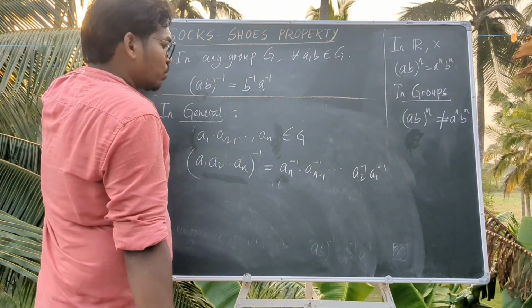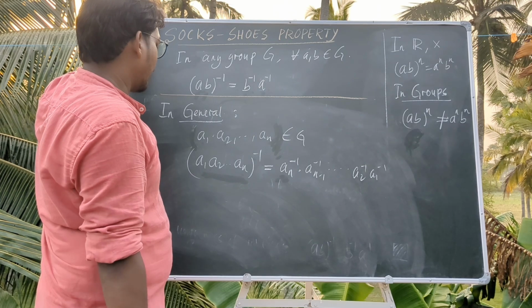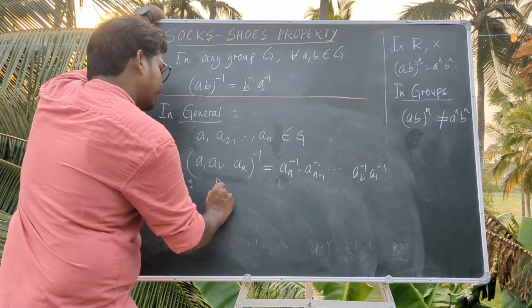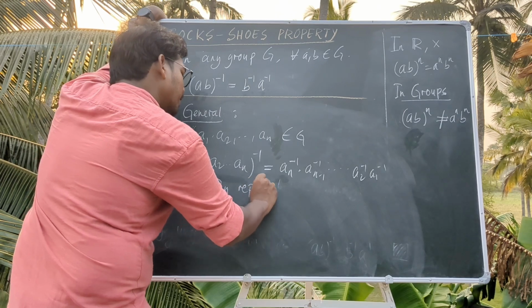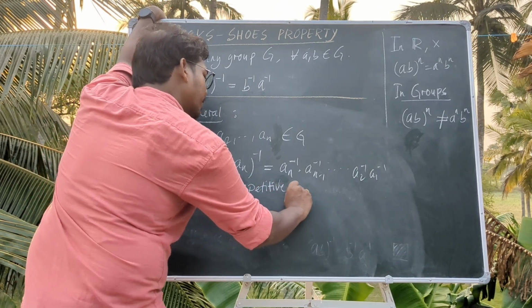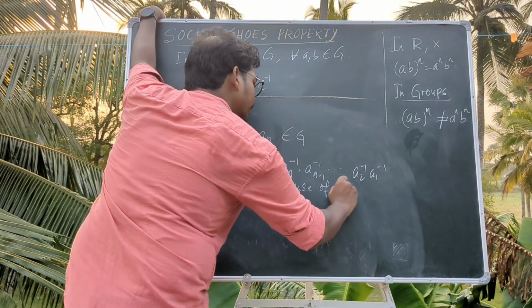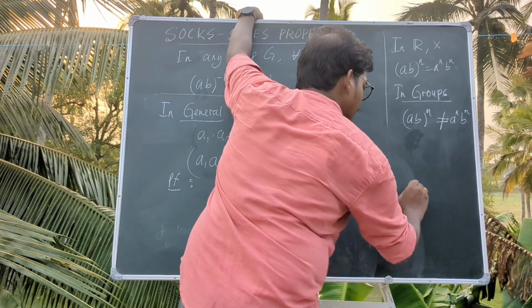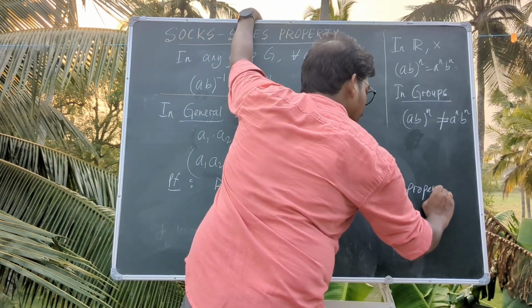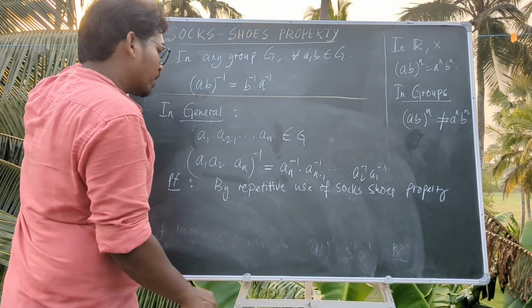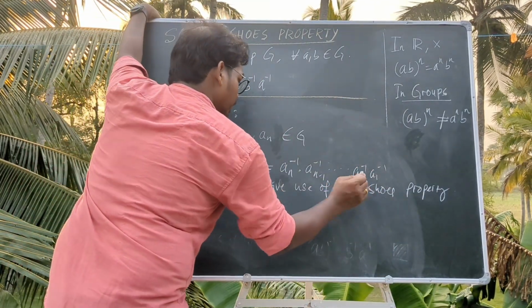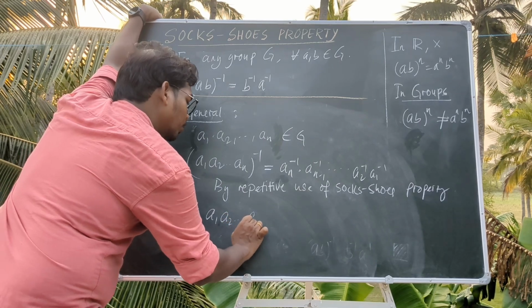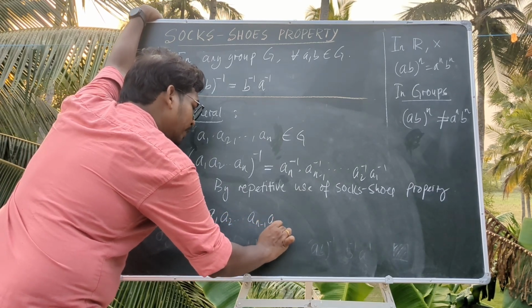You can show this by repetitive use of the socks-shoes property. We can prove the general case. We have a1, a2 up to an.